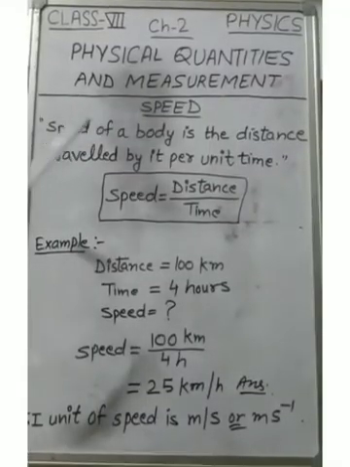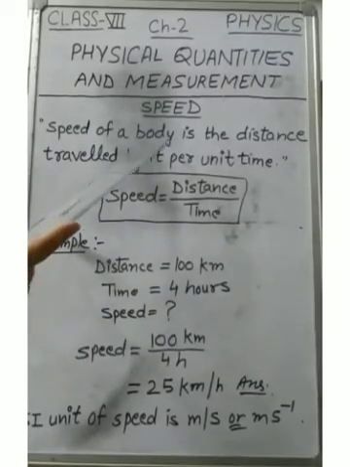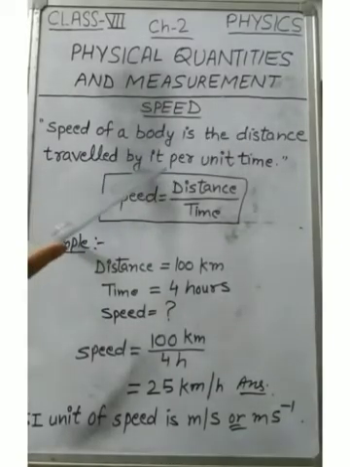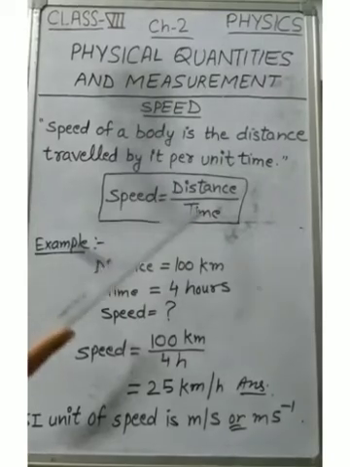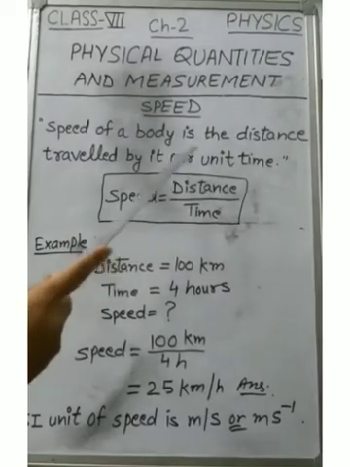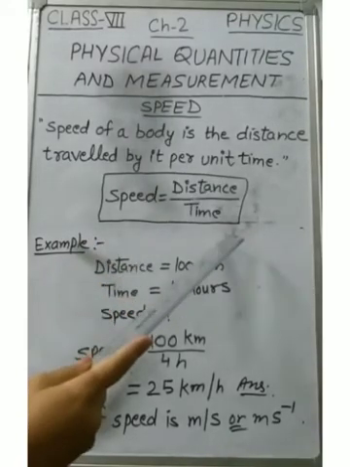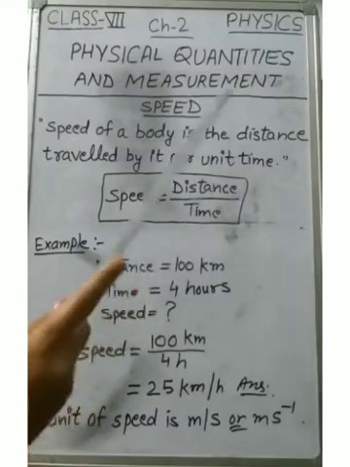So, let us continue our chapter 1. Today's topic is speed. What is speed? Speed of a body is the distance traveled by it per unit time. The speed of a body can be calculated by dividing the distance traveled by the time taken to travel this distance.